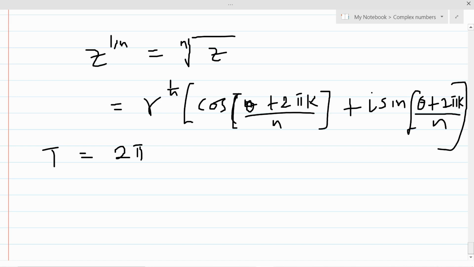Cos of 2 pi is 1. So it starts again, and the values will be repeating themselves.